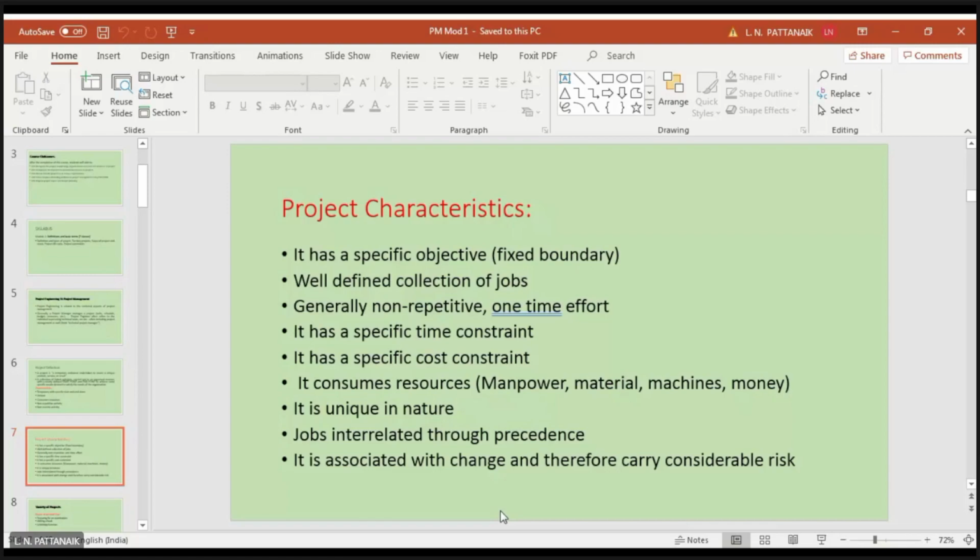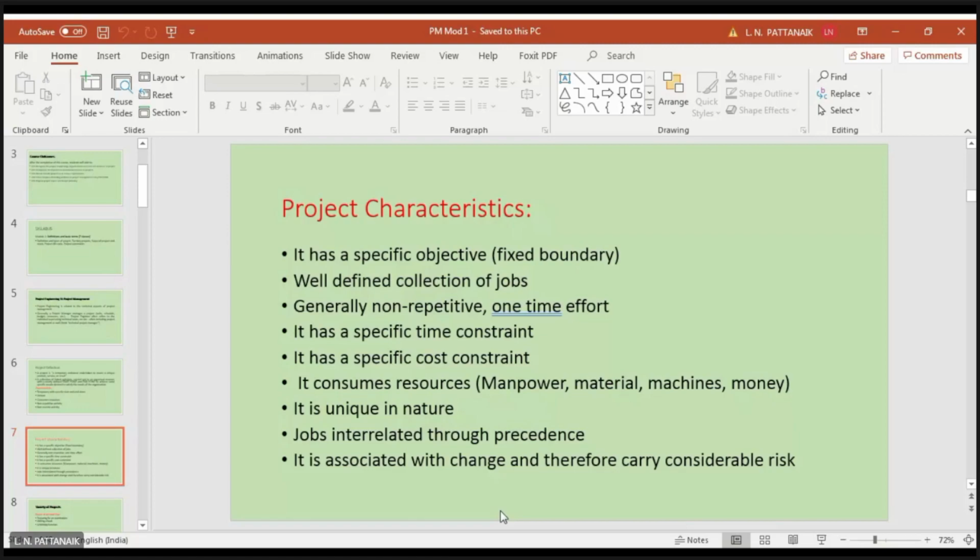Similar to time, the budget is also predefined, right? For each and every project, there is a fixed budget that will be given at the beginning of that project plan, that, okay, for this project, this is your budget. So each and every action or activity will be guided by that, right?